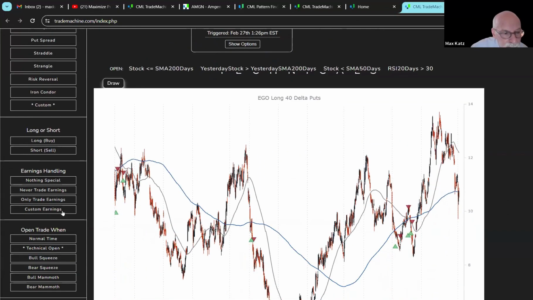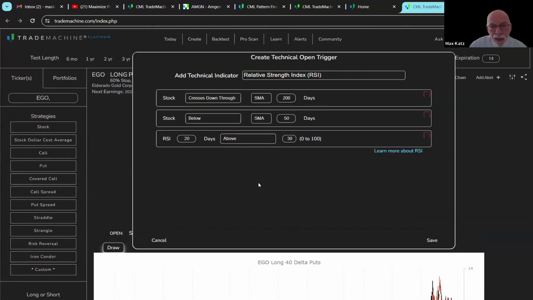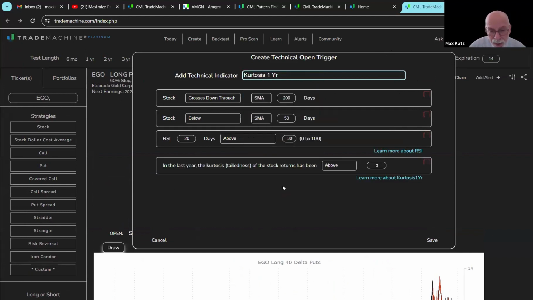So I'm going to go down to technical open, and I can add, since this is a bearish trade, now there's kurtosis 1 year and kurtosis 6 months. Most of the work that's been done has been on kurtosis 1 year, so that's the one I'm going to select.